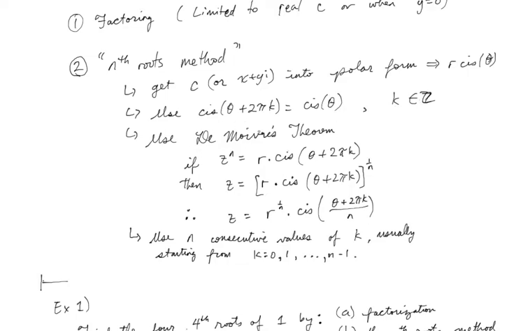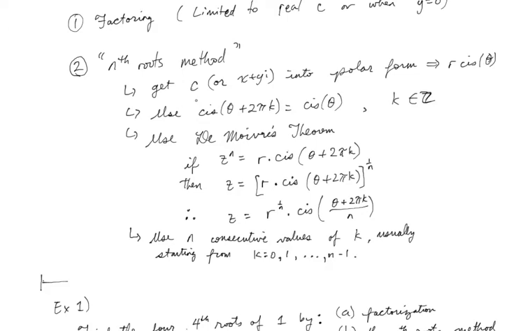And then once we have that, we'll use de Moivre's theorem, and basically we're going to get z by itself. Okay, we're going to get rid of that exponent here. So normally we would have de Moivre's theorem where we raise a complex number to the power of some number.